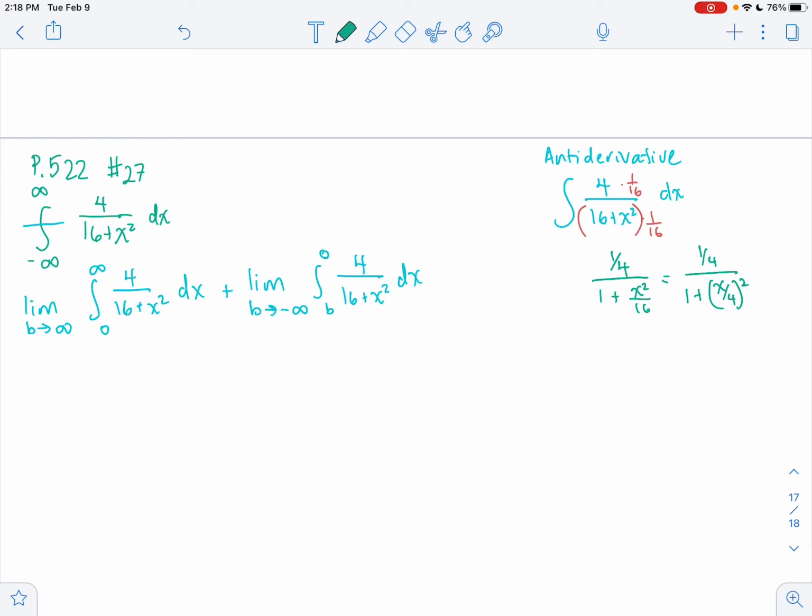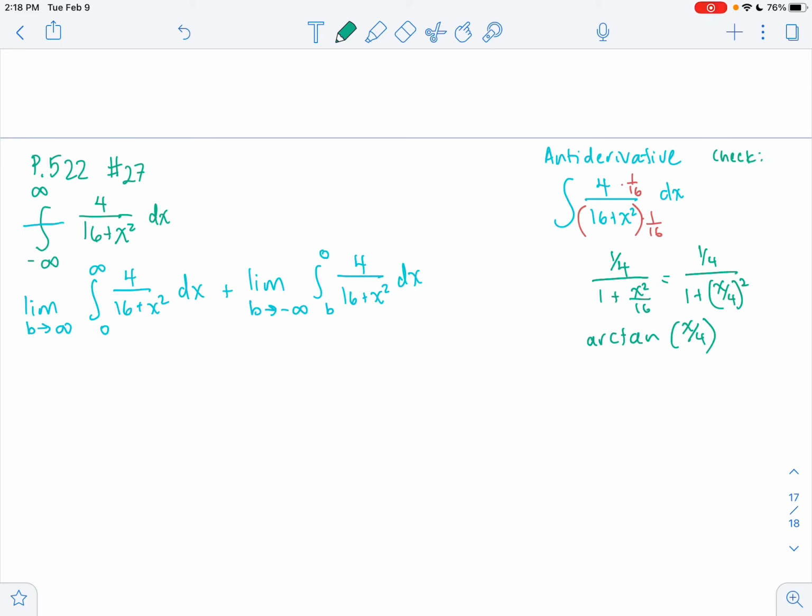So let's check our work. If I guessed that this was arctangent of x over 4, and I were checking my work and making sure that its derivative is indeed the same thing as what I began with, I might take the derivative of arctangent. So this is me checking my work, off on the side.